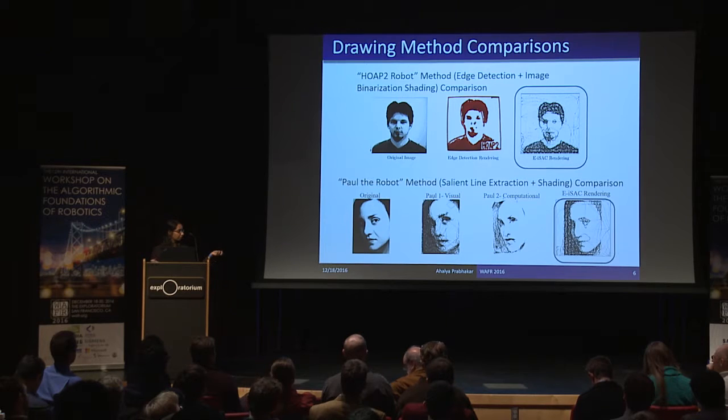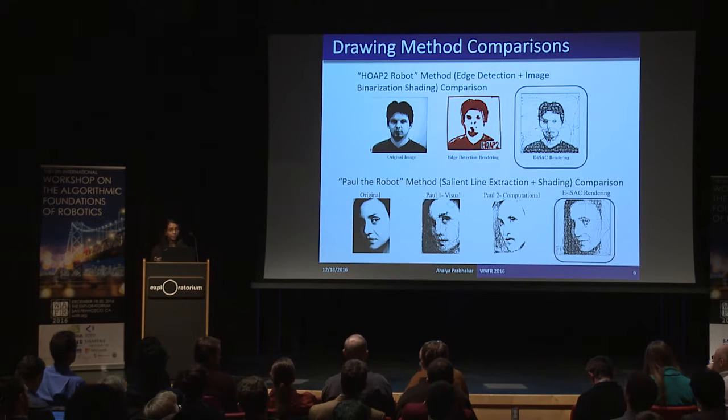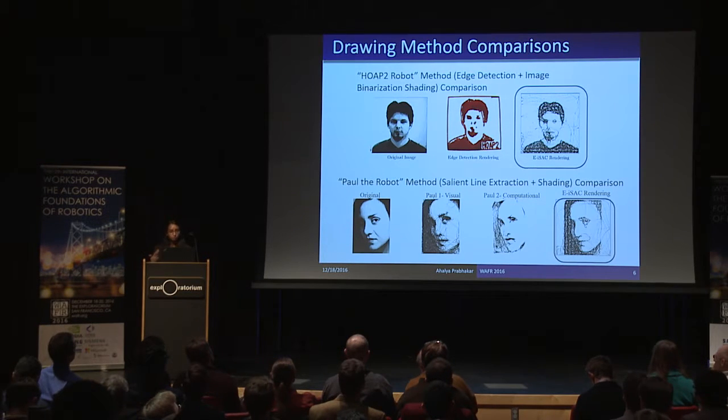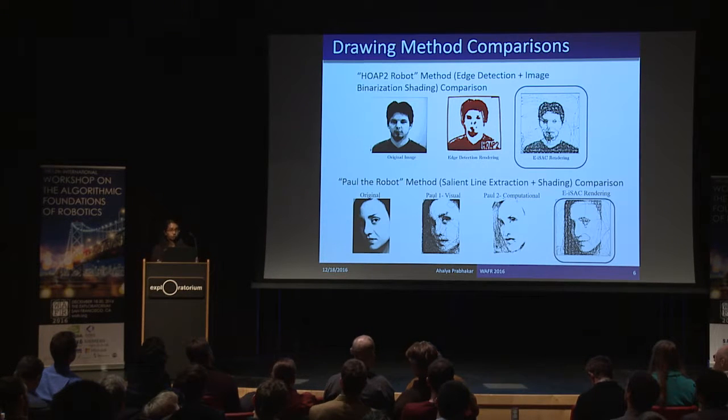Once again, with our rendering shown at the far left, it's of course stylistically different, but we get a comparably good result, particularly compared to the computational feedback. One thing you can note is that their visual feedback rendering is really good. That's something we're looking to work towards: incorporating an external camera and visual feedback in our method as well, so that we can improve our trajectories in real time, taking into account what's drawn and the effect of that as we create our rendering.